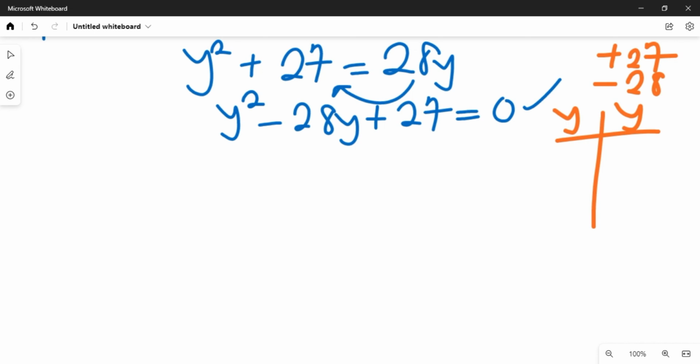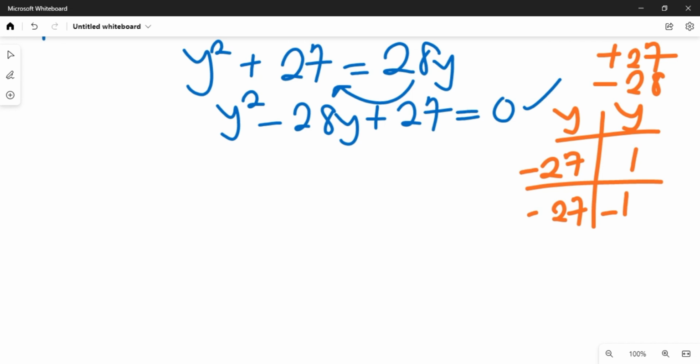The two values will be 27 and 1. Now, what sign can we add to 27 and 1 to give us the value we truly want? This will be a minus, and this will be minus 27, and this should also be minus 1.